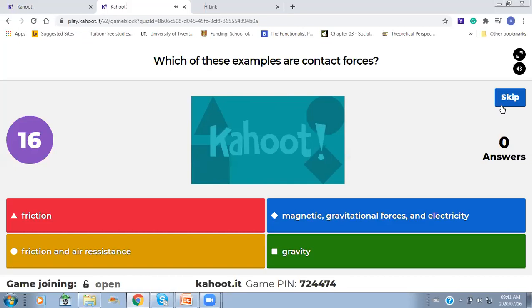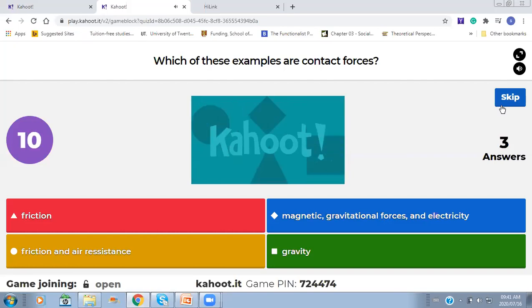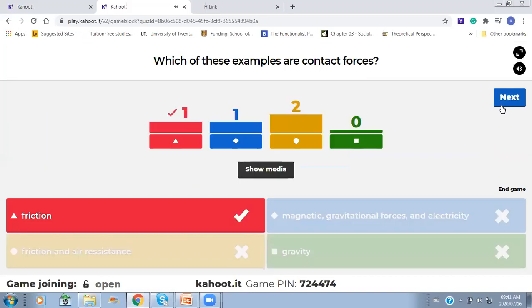This is also repeating again. Those of you who got it wrong, try to answer it. One person got it right and three wrong.